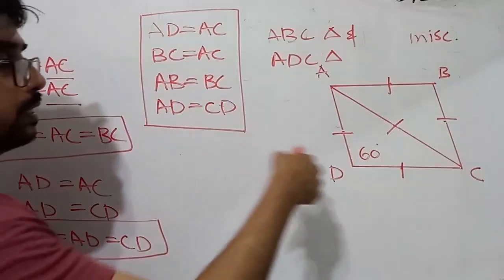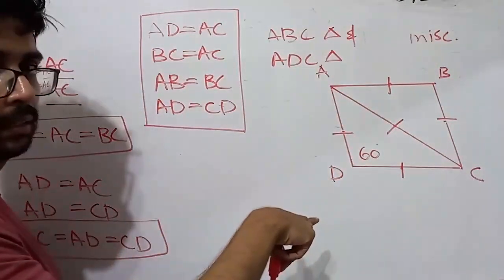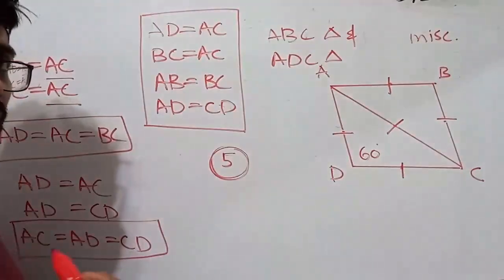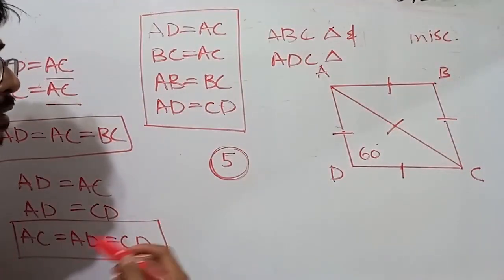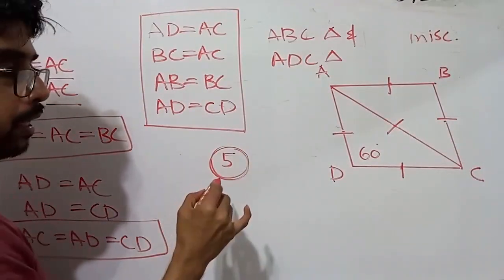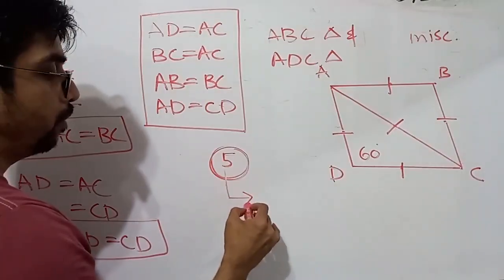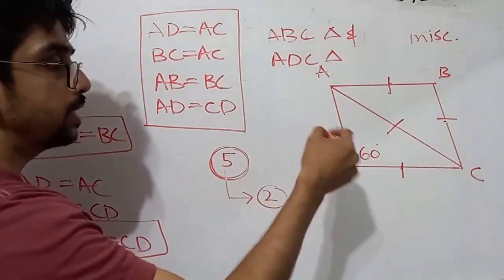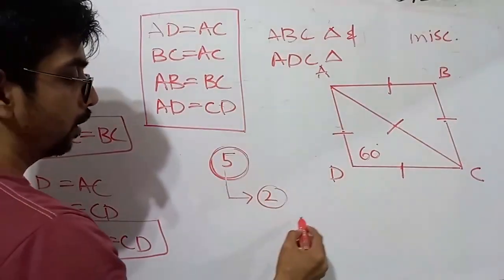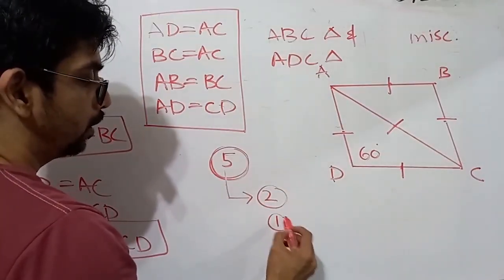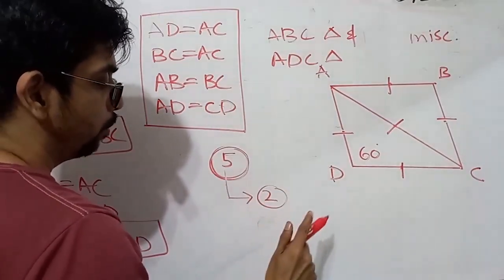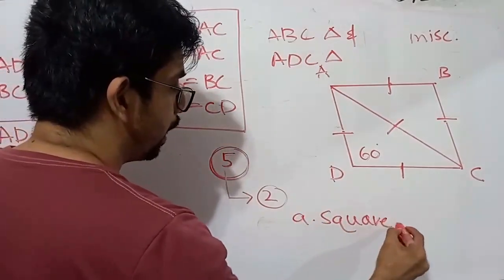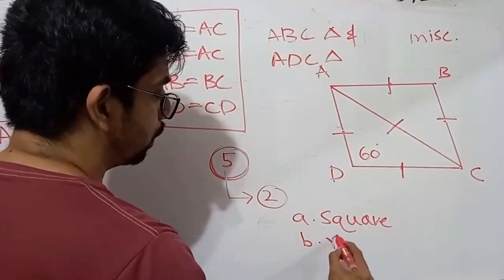So in the question it says that this is a quadrilateral, right? So when we consider the number of quadrilaterals that we need to study in our syllabus, we have 5 of them, right? So from that 5, only 2 quadrilaterals are there where all the sides are equal in length. That is what? So I will put simple A here so it is much clearer. So one is the square and the other one is what? A rhombus.